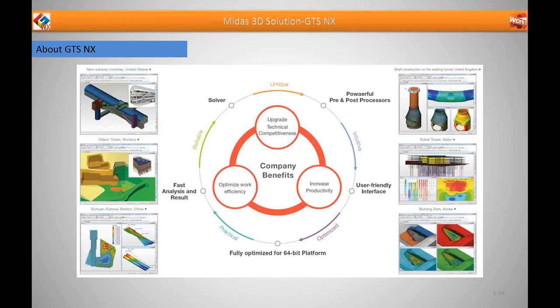Also with GTS NX, you can open 2 to 3 models at a time and hence work on them simultaneously, saving your time. So just run the analysis on one model, and in the same window you can work on the other model. So it is possible with GTS NX.